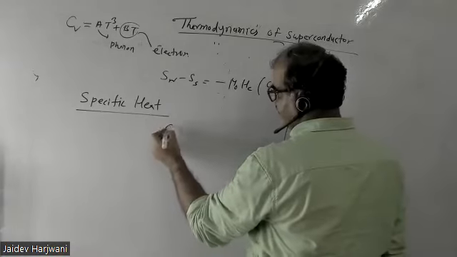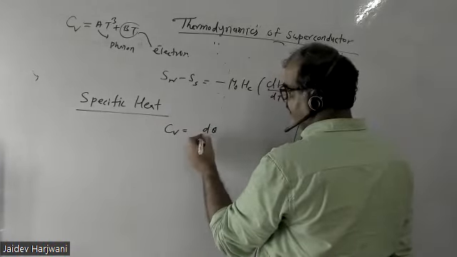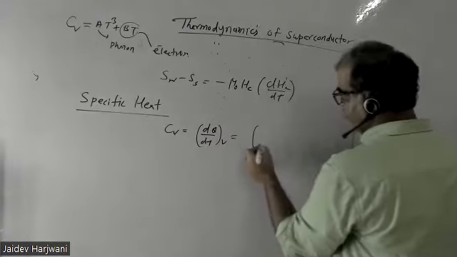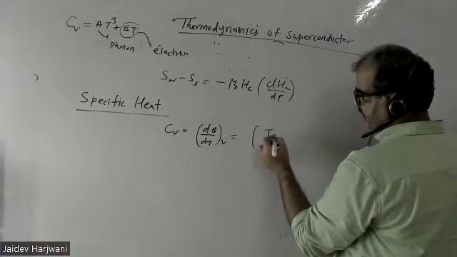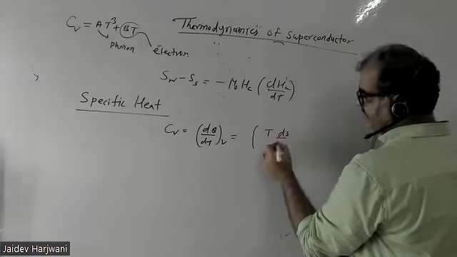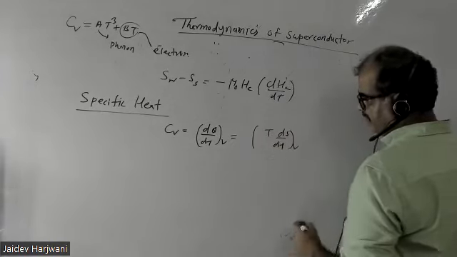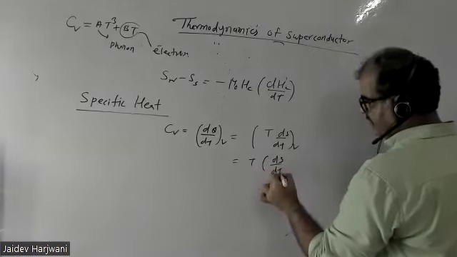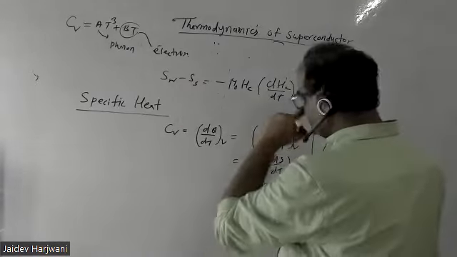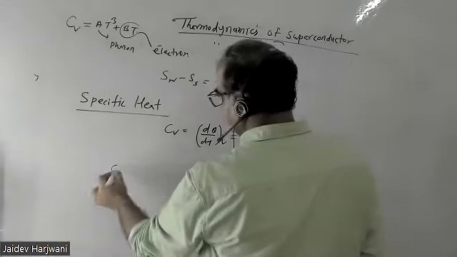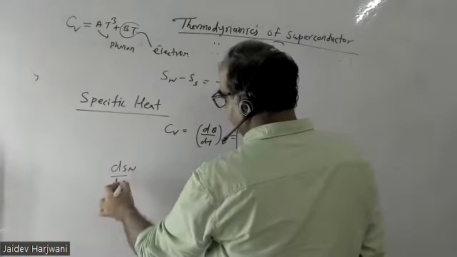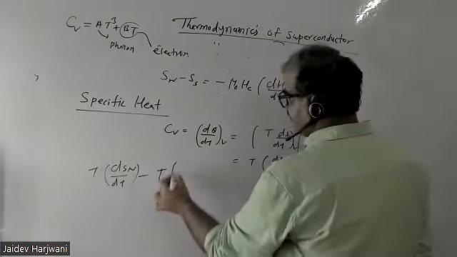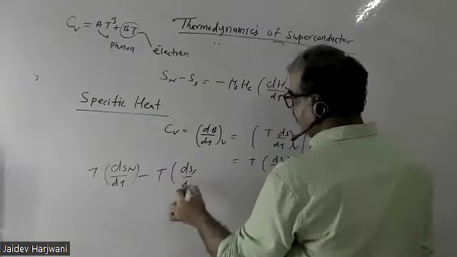Okay. So we know this is dq upon dt at constant volume, and we can also write this as T ds upon dt. So just differentiate this equation: dSn upon dt multiplied by temperature minus T dSs upon dt.